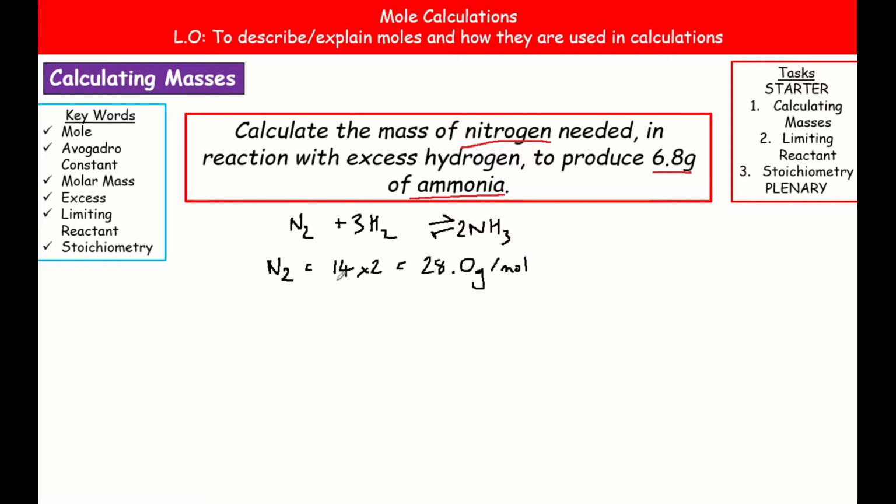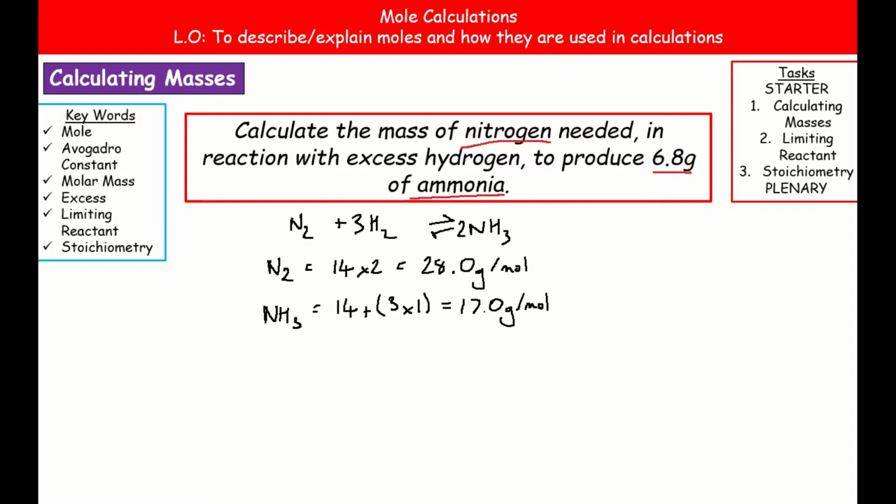Do the same thing for ammonia, which is NH3. So nitrogen is still 14, and onto that we need to add 3 of our hydrogens, which has a mass of 1. So 14 plus 3 times 1 gives us 17 grams per mole.